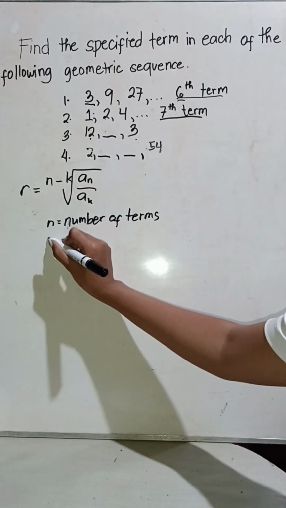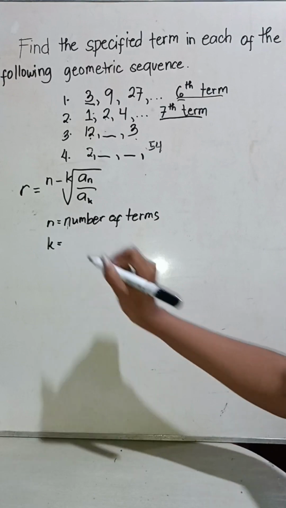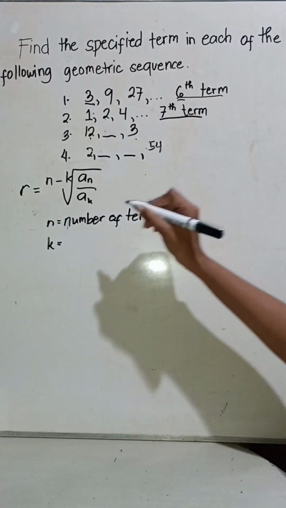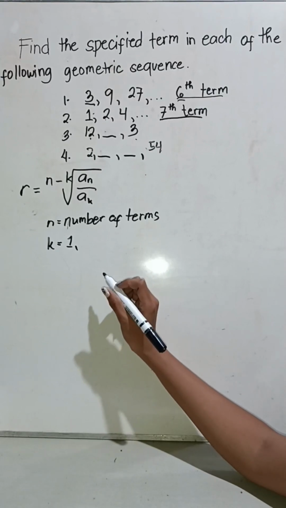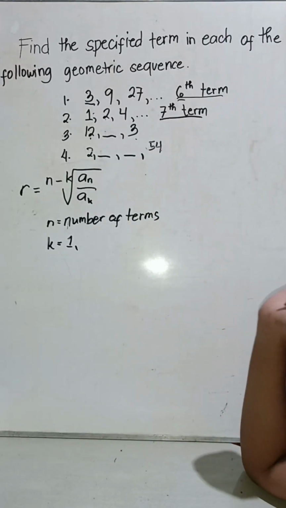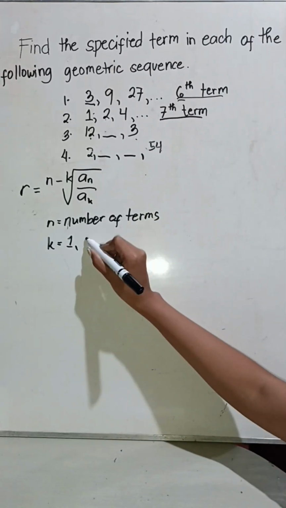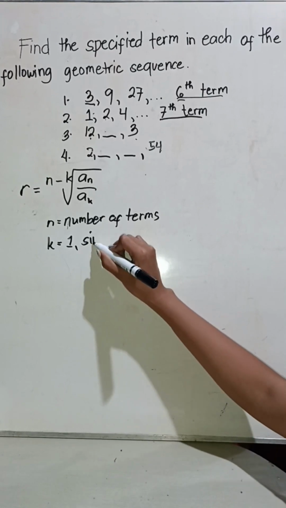Then, for K, pasensya na, the K here is equal to 1 since it is the first term placement. Okay, take note.